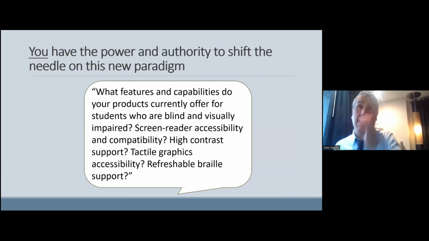And the assistance we need is this: a lot of the science education technology companies have a first-to-market, generate-revenue mindset. And so they produce products that do really cool visual things and do wonderful tasks, and they rush to market. But there's this perception that blind and vision impaired students and students with disabilities can't do science.